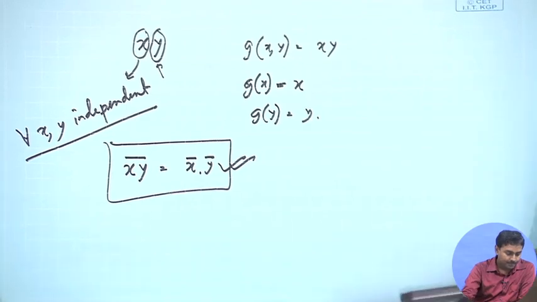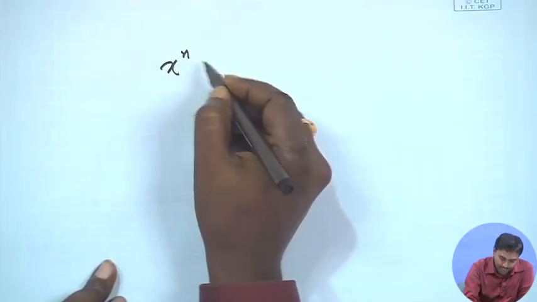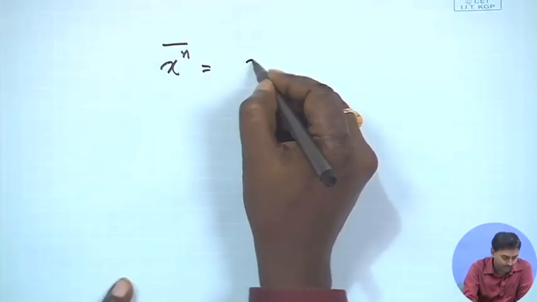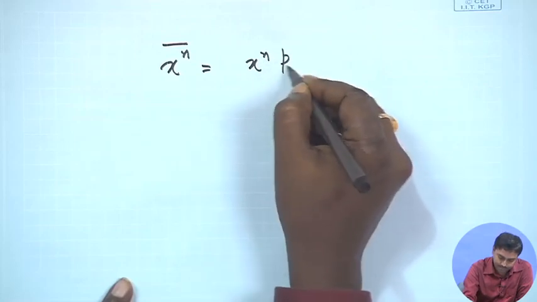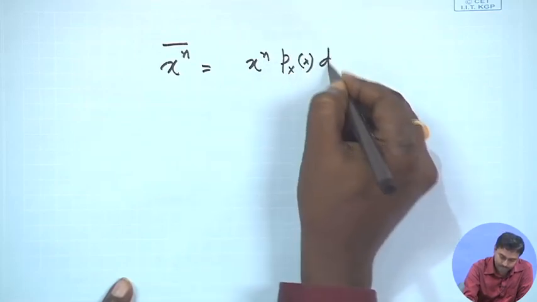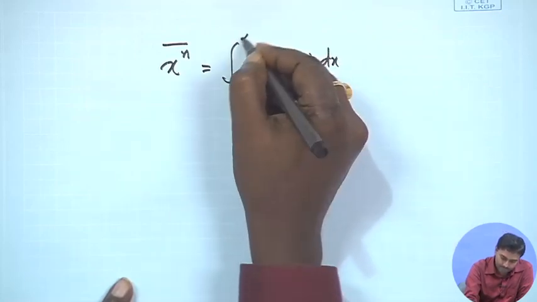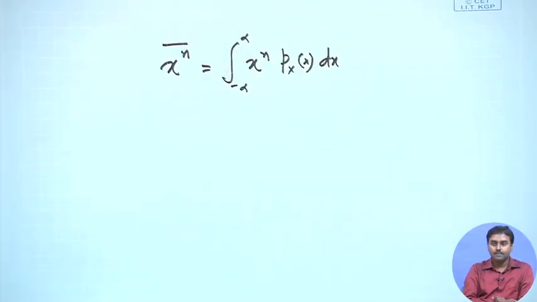Okay. Now, let us talk about some of the higher moments. Okay. So, the mean, most of you will already know, is actually the first moment. The higher moments are defined, by definition, as x^n bar, defined as this. Okay.